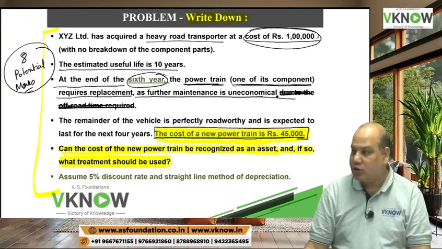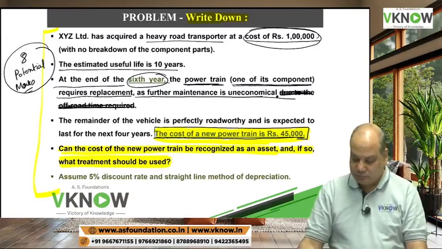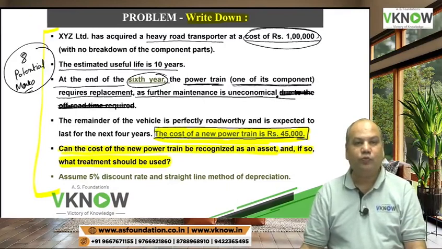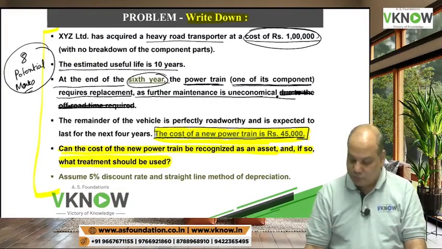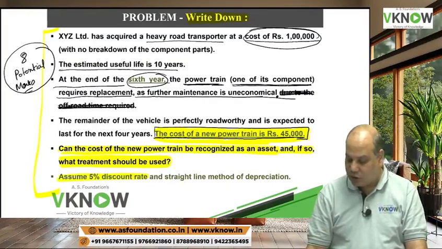So you have to answer that the old part will be de-recognized and the new part will be recognized. But then you have to calculate the old part's carrying amount.